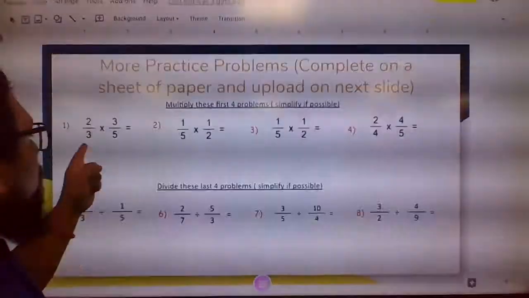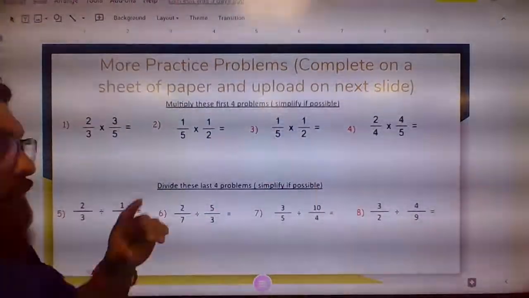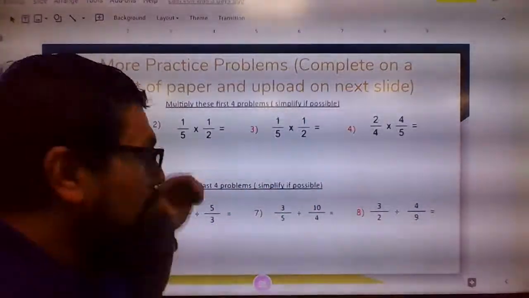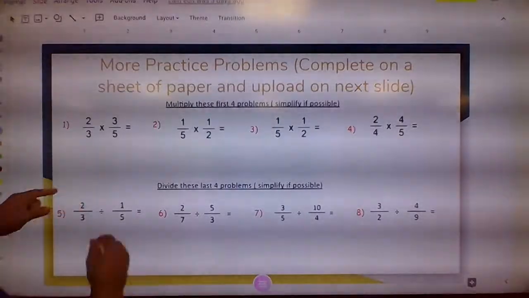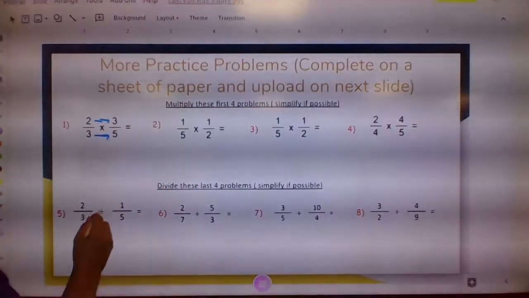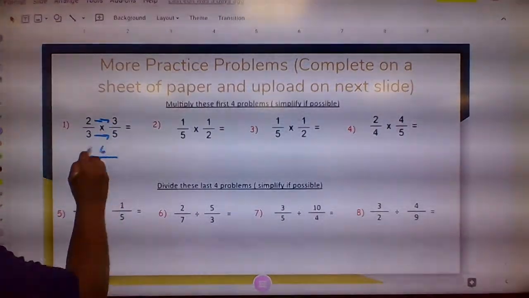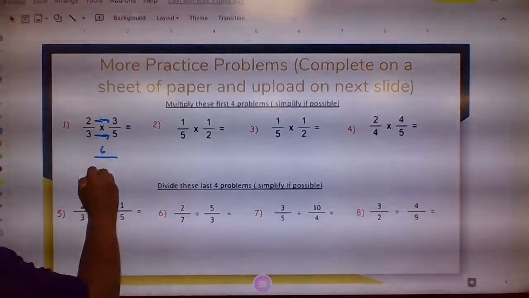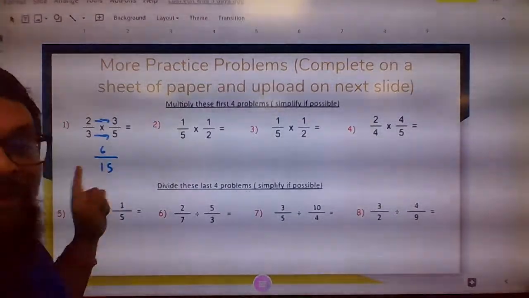On the first four, you were multiplying fractions, one through four. These are the ones you did already, on day 25. On this one, you're multiplying, so you just multiply across. 2 times 3 is 6, and 3 times 5 is 15. Now, you can leave it like this or you can simplify it.